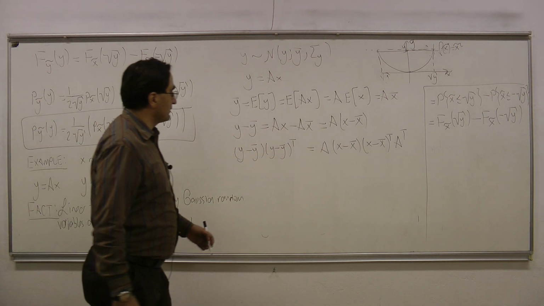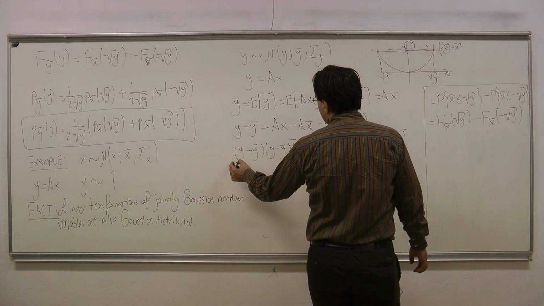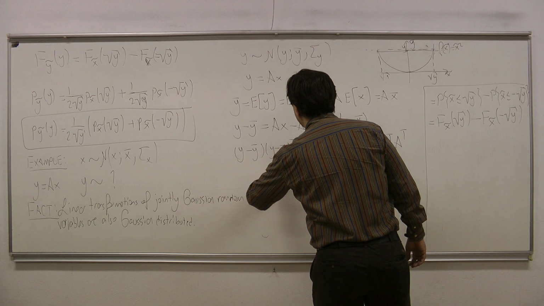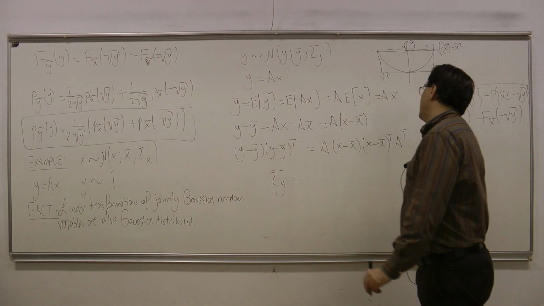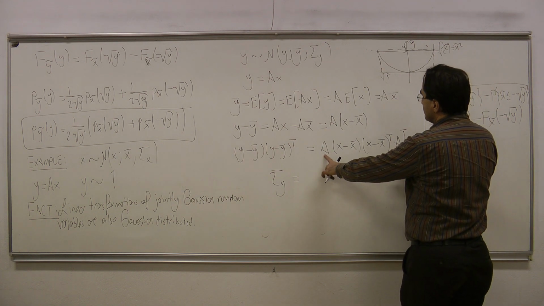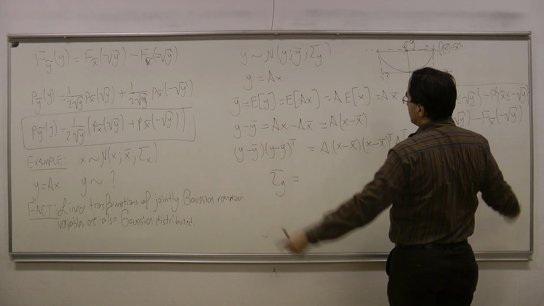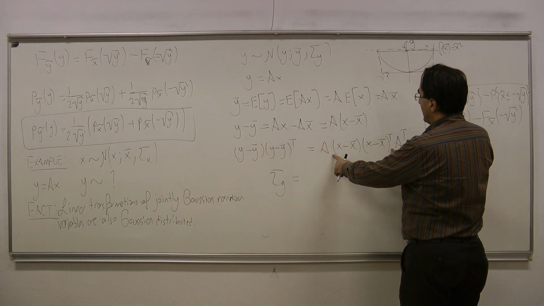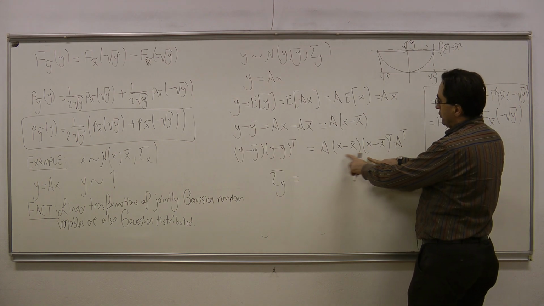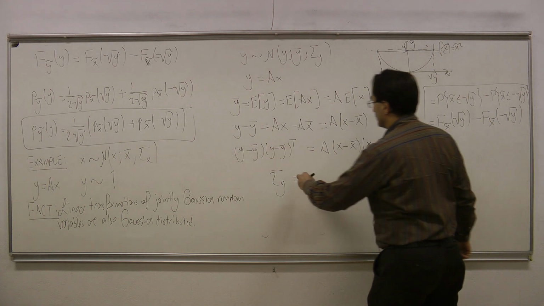And then I'm going to take the expectation of both sides. If I take the expectation of this side, it's going to give me sigma y. And if I take the expectation of the right-hand side, A and A transpose can get outside the expectation, so I only have to take the expectation of this outer product. And it's going to be sigma x, the covariance of x.